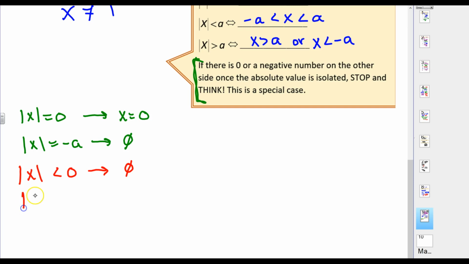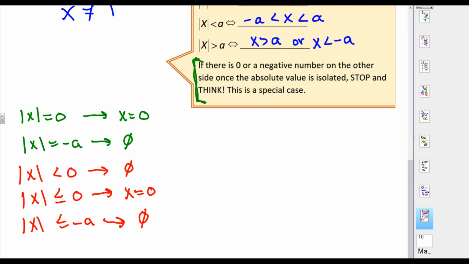Whereas if I've got the absolute value of x is less than or equal to 0, this is going to end up being just x equals 0, because we can't have any of the negative solutions, but I am including the solution where x is 0. And if I get the absolute value of x is less than or equal to a negative number, this is going to give me no solution because the absolute value can never be negative. So that's our less than situation.